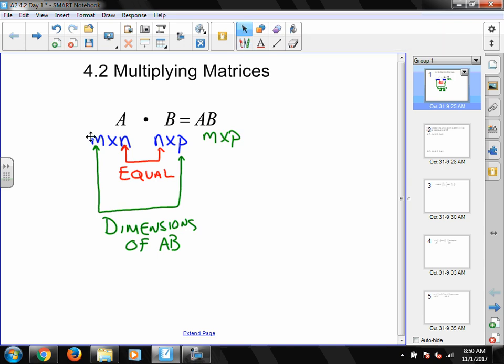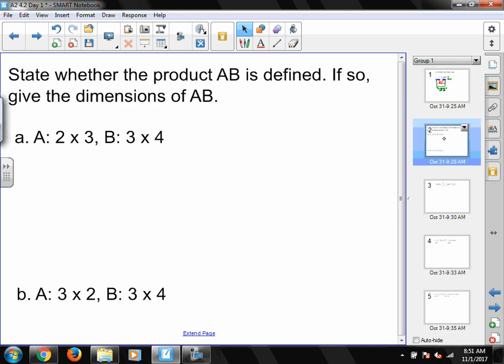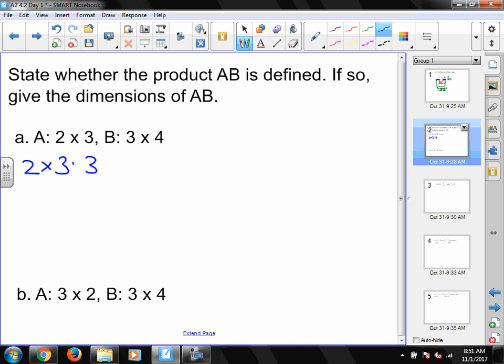So I know with the letters that makes it a little fuzzy. So let's take a look at some examples here real quick. If I have matrix A as a 2 by 3 and matrix B as a 3 by 4, I like to write these out by each other, 2 by 3 and 3 by 4. So I look at these middle numbers right in here.